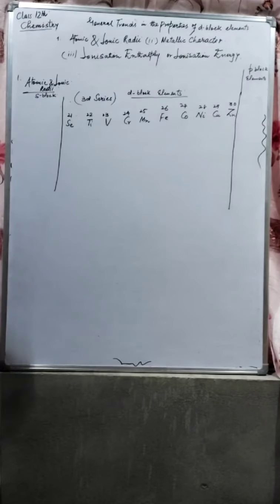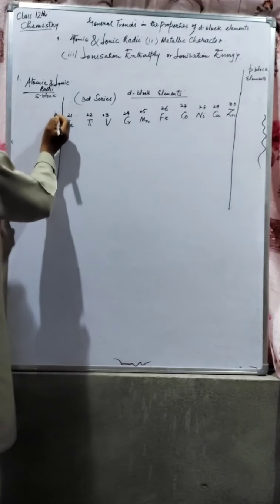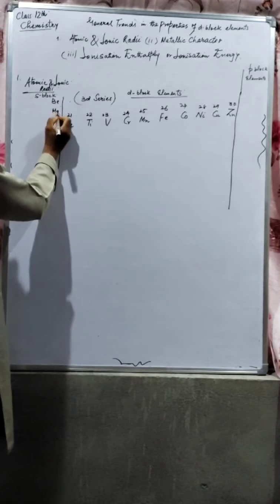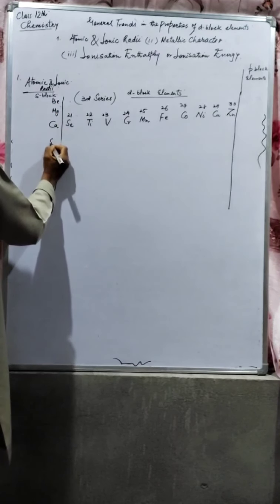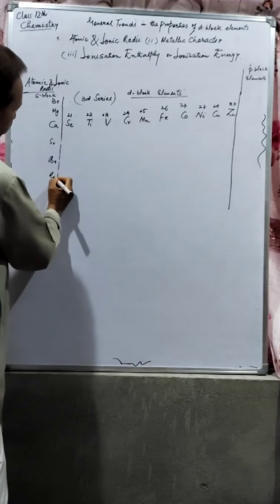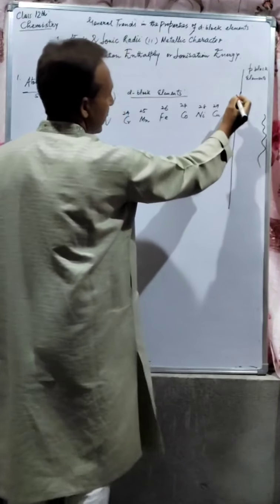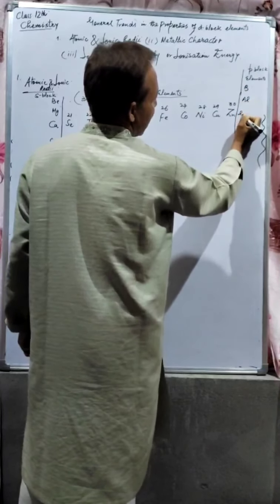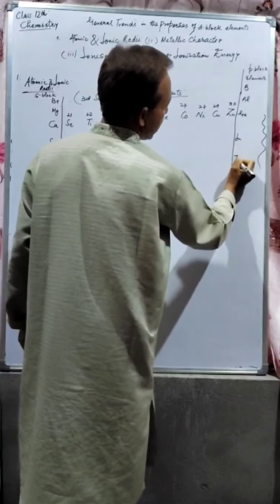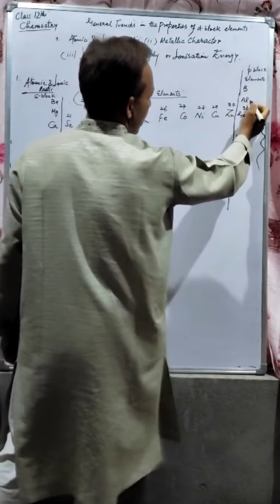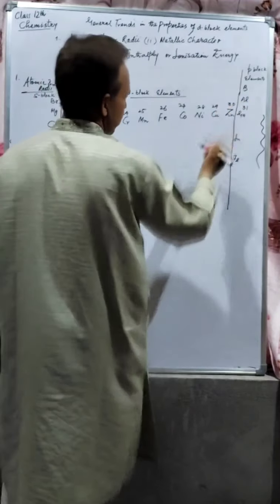So before these we have beryllium, magnesium, calcium, strontium, barium, and radium. And here we have boron, aluminium, gallium, indium, thallium.